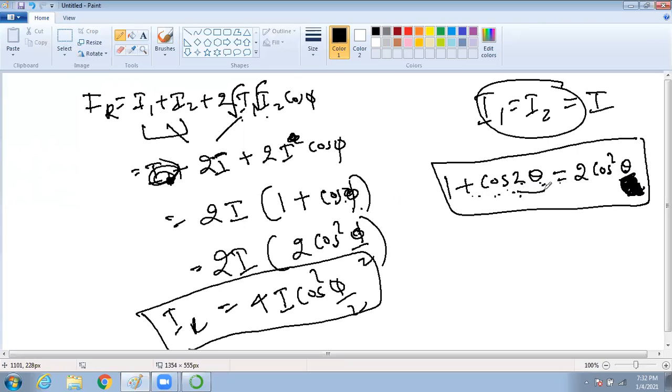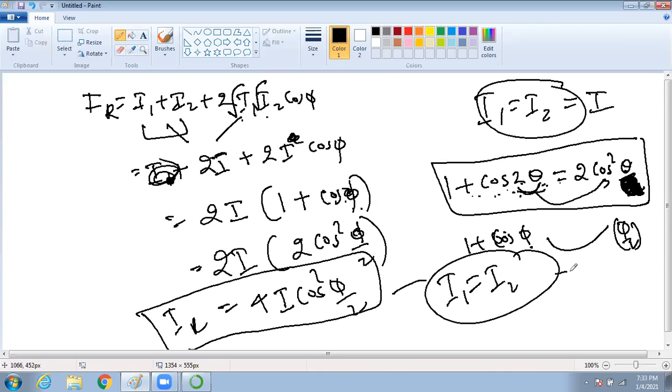Clear? This is for I1 equal to I2. Important case. Write this down. Special case.